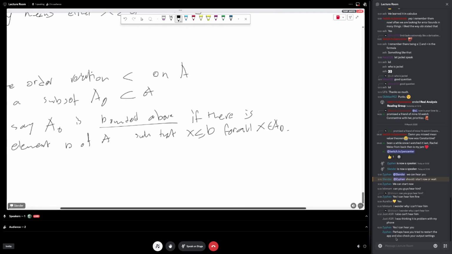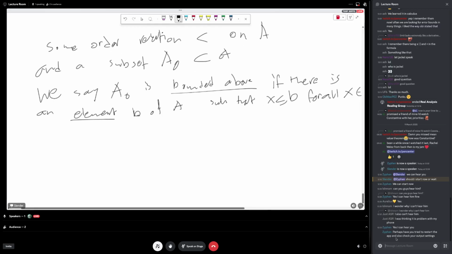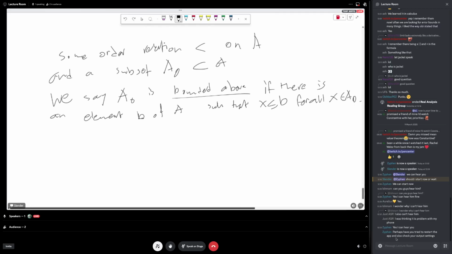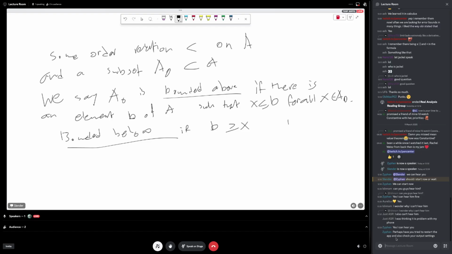So basically, if we have an element B that is greater than every element of this subset, then we say it's bounded above. Similarly, we say it's bounded below if B is less than or equal to x for all x in A0.